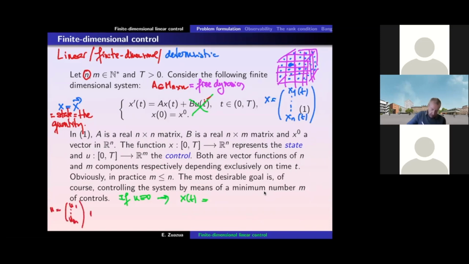And typically in applications, M will be much smaller than N. In particular, in this example of an intelligent building, you expect to regulate the temperature, the flow, the intensity of all the air conditioning, intelligently, in an efficient manner with a low energy consumption.